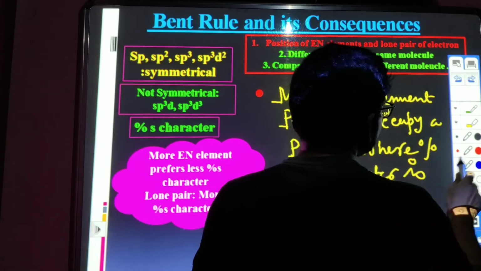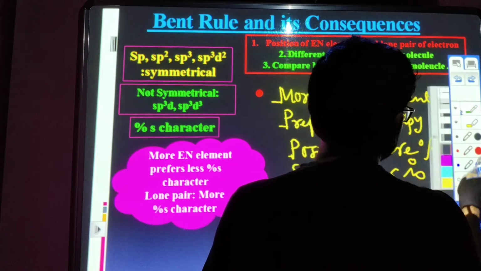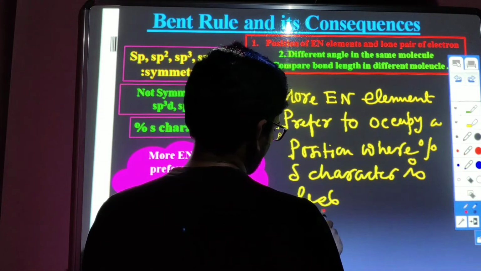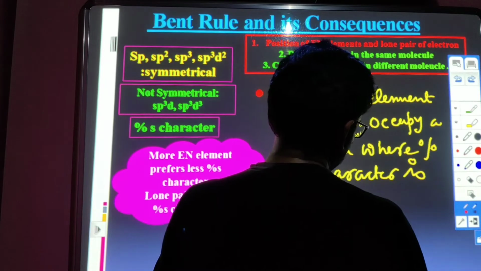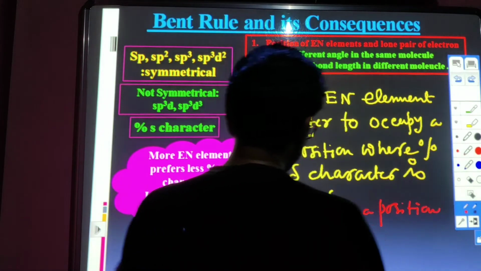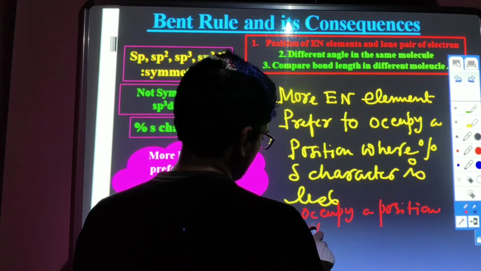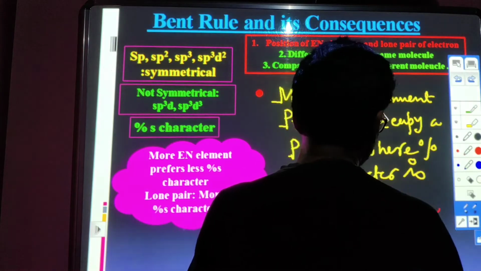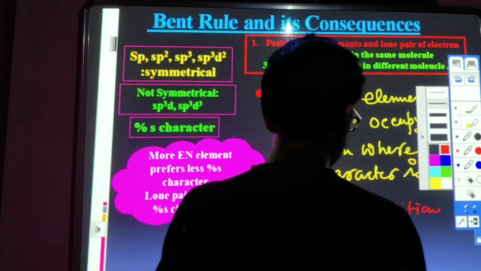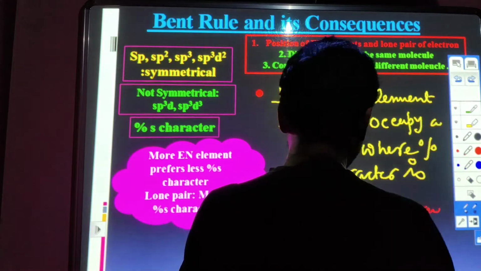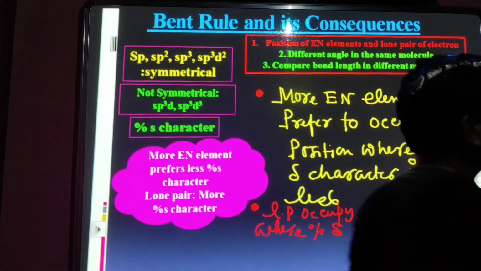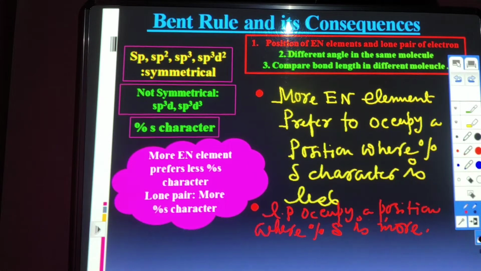And one more statement, that lone pairs occupy positions where percentage of s character is more.